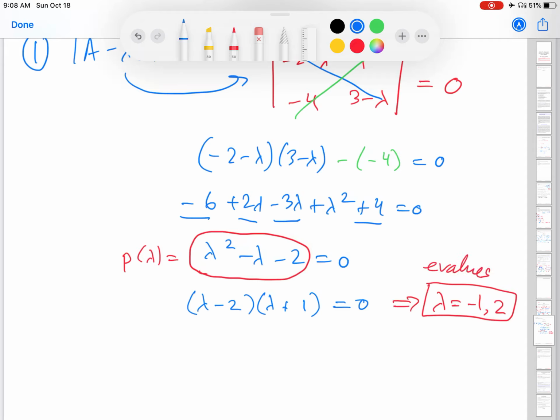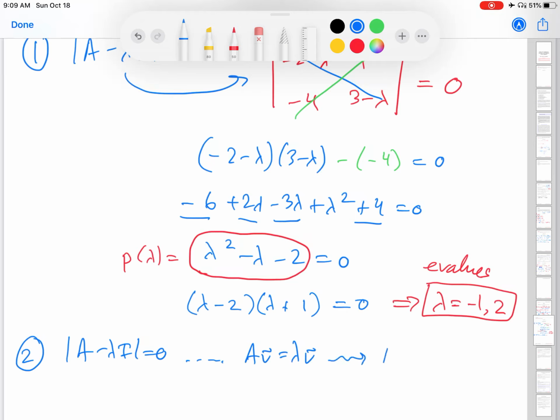Well, I'm going to go back to an intermediate step in the previous video. Remember that before we got to this condition, we took Av equals lambda v, the definition of what it means for v and lambda to be eigenvector and eigenvalue respectively.